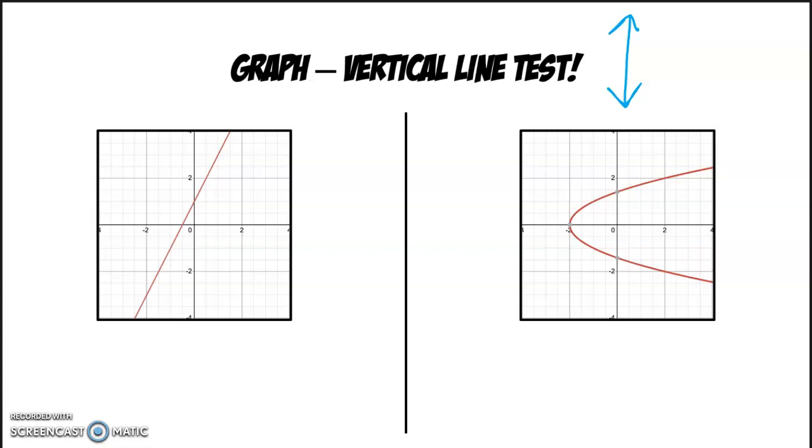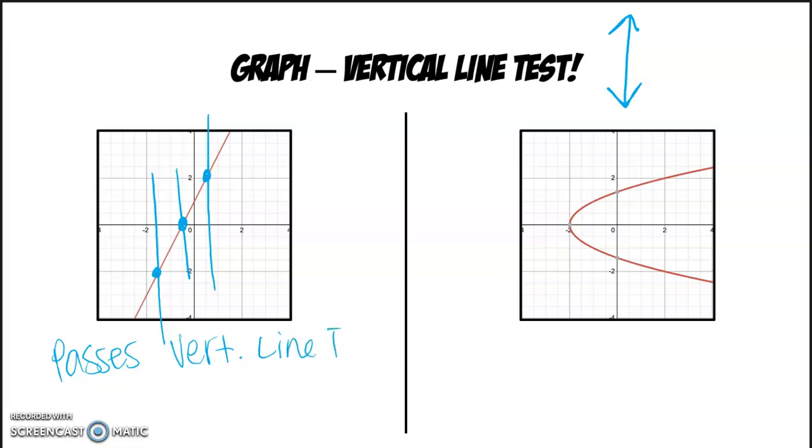I'm going to draw a couple different vertical lines. Let's see, I'm going to draw one right there. It only goes through once. One right there only goes through once. One right here only goes through once. So this looks like it passes vertical line test. I'm going to write passes vertical line test. And if it passes, that means it is a function.